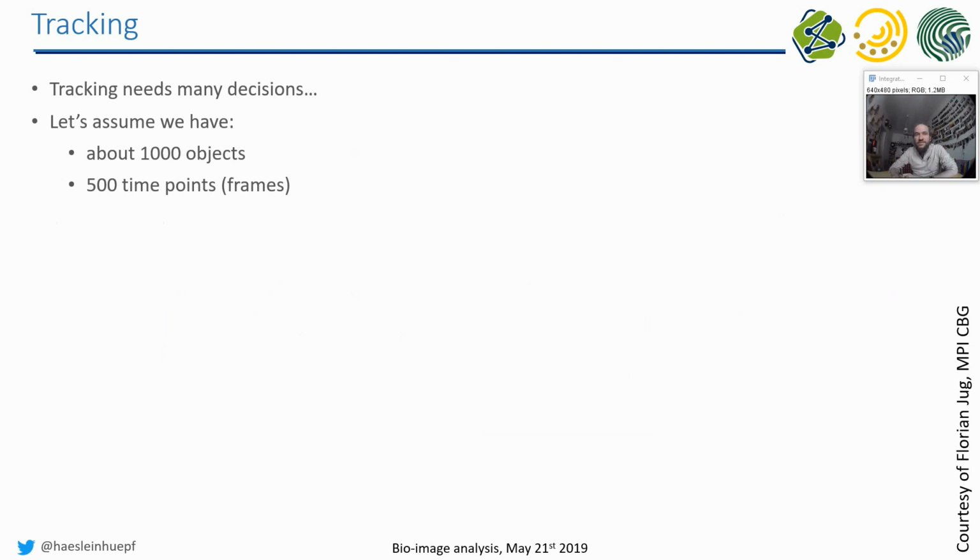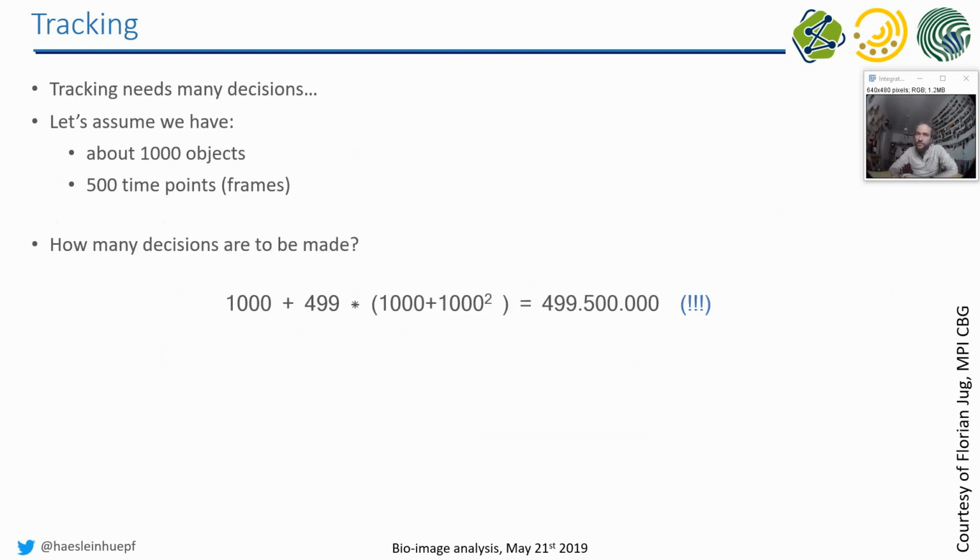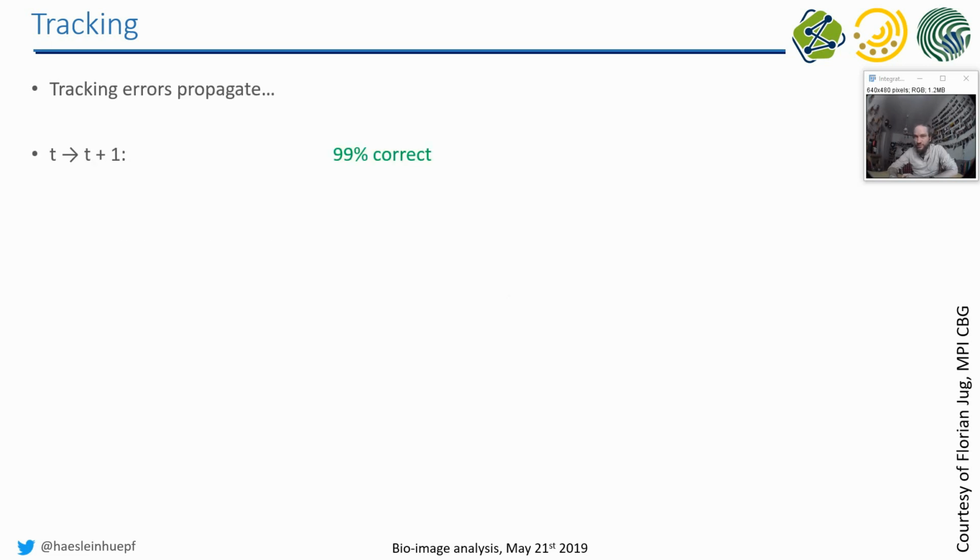For example, let's assume we have 1,000 objects in 500 time points. How many decisions do we have to make in order to have a correct tracking, completely with all segmentations and all matching steps in between? We have something like 500 million decisions to make.